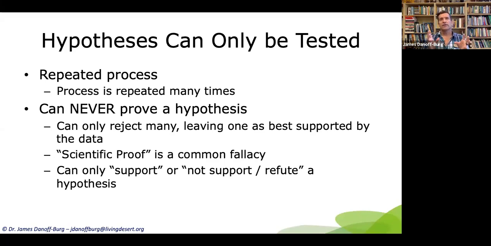So that's why it's best to say not that it's proven, but that it is supported, right? It is supported. The data supports the statement that women have fewer goats killed by predators than do men, right?